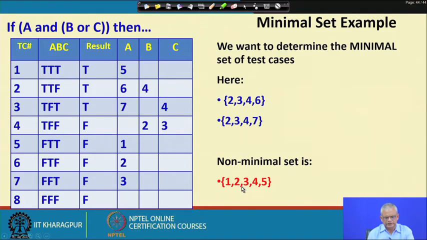So, this is a non-minimal set requiring 5 test cases, but here we can have the minimal set, which is 4 test cases.